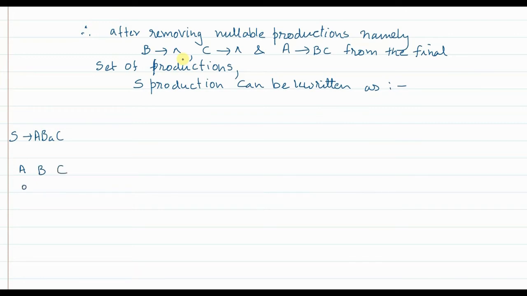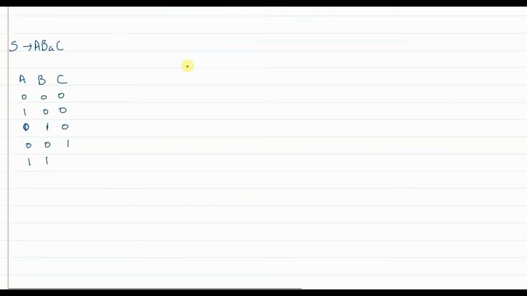So either A, B, C all are null, or let's say A exists but B and C do not exist, or say only B exists, A and C do not exist, or A and B do not exist but C exists. Then A and B exist but C does not exist.